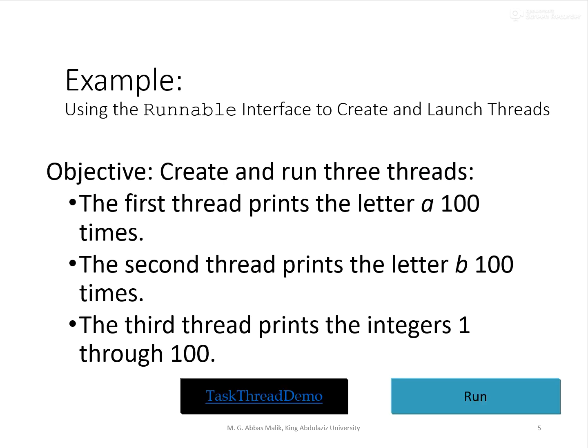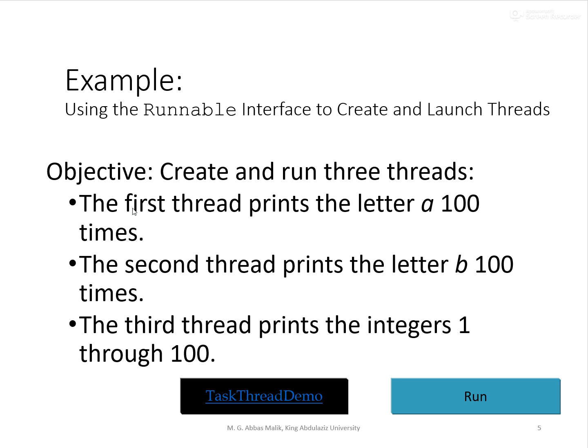Okay, so let's take a look at an example of a very simple piece of code that uses threads. This one is called TaskThreadDemo, and I'll just briefly explain what it does. This class implements the runnable interface, and it does three things.